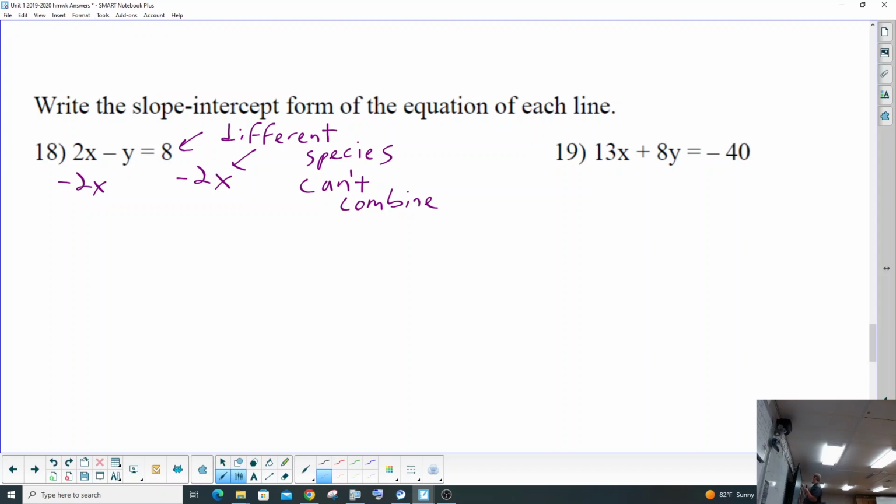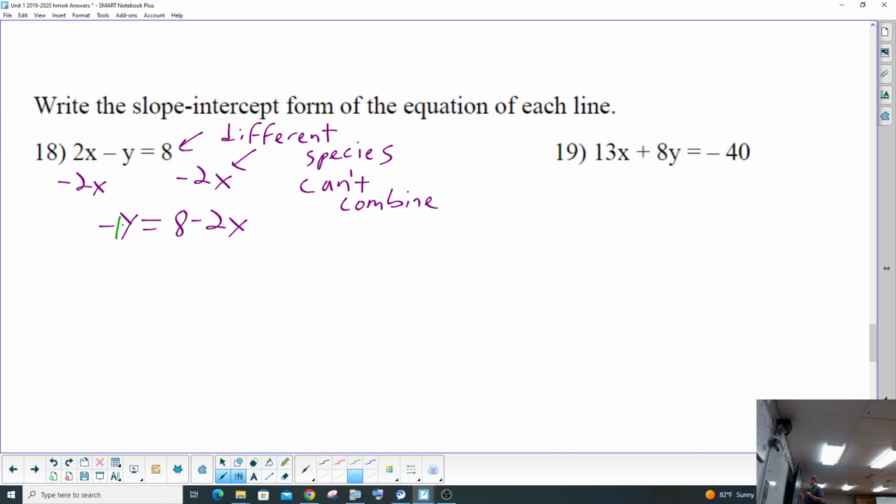Okay, so that means we get negative y is equal to 8 minus 2x. And Liam, there's technically an invisible negative 1 right there. And so we can't have a negative in our slope-intercept form, so we need to get rid of it to the other side.